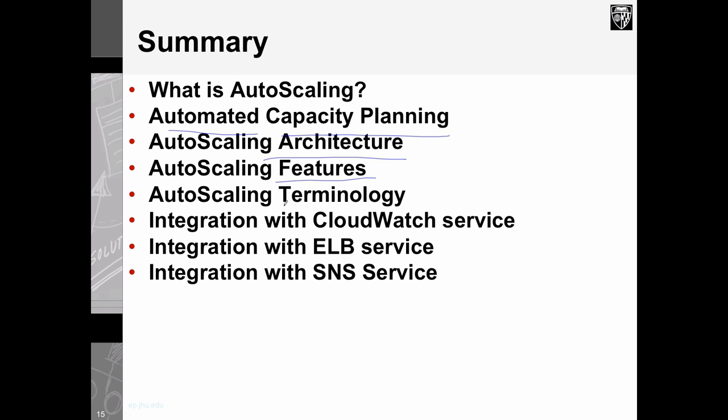We understand the terminology associated with autoscaling, essentially the scale up policies, the scale down policies, the cooldown period, the launch configuration, and the autoscaling group. Now we understand how autoscaling works closely with the CloudWatch service, how it integrates with the ELB service, the elastic load balancer service, and how we can get notified from autoscaling when an event happens or when an action is taken by autoscaling.